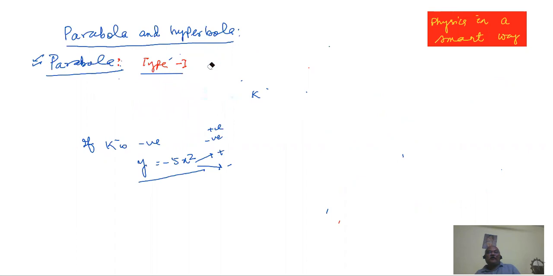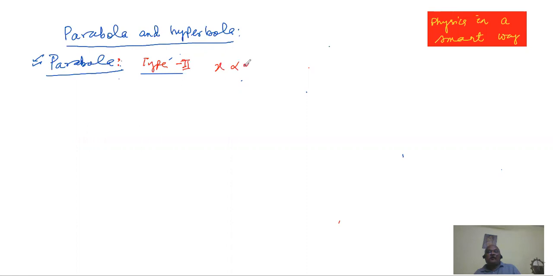In type 1, y is proportional to x square. Here we take the other way around. We say x is proportional to y square. So that is type 2.